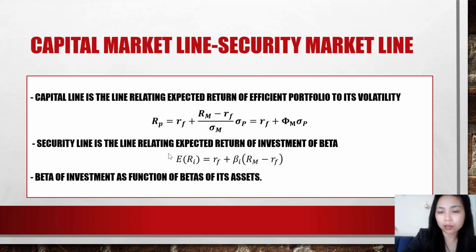If it's above, it's underpriced. If it's below, it's overvalued. The beta of an investment as a function of beta is assets. Remember, beta of P is equal to the summation of xi beta i.